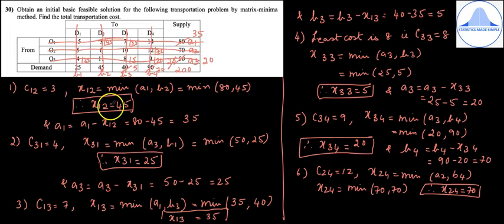So we have obtained the initial basic feasible solution as x12 is 45, x31 is 25, x13 is 35, x33 is 5, x34 is 20 and x24 is equal to 70.